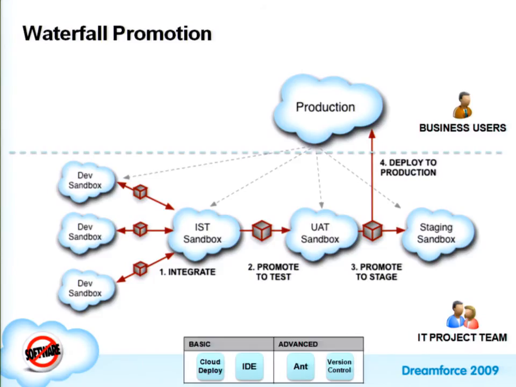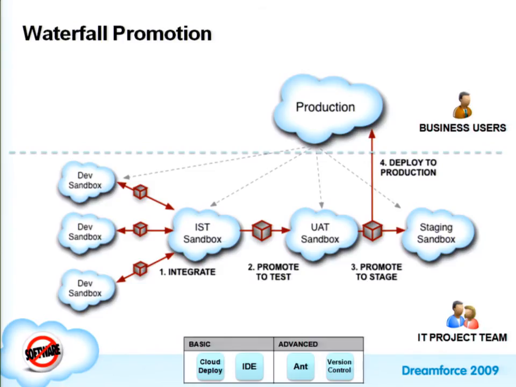You will have an integration system test sandbox where you're able to integrate these changes together from the multiple developers. Then you'll have a user acceptance test sandbox where you're able to get users in there and start playing around with the changes, make sure that makes sense. And if you have a change control board, you'll get CAB to sign off maybe in the UAT sandbox.